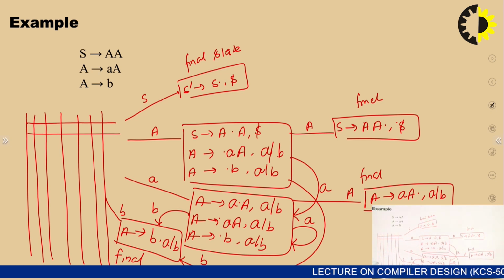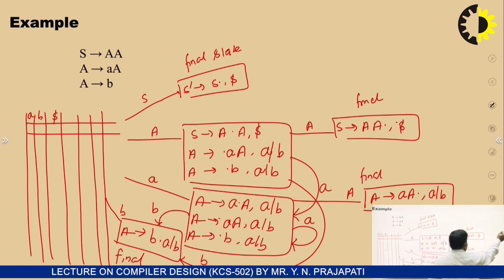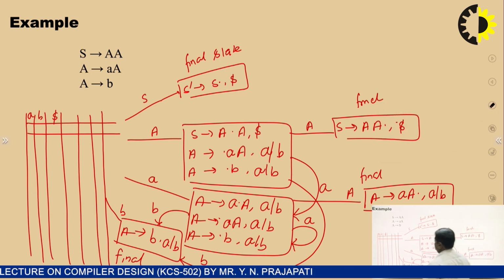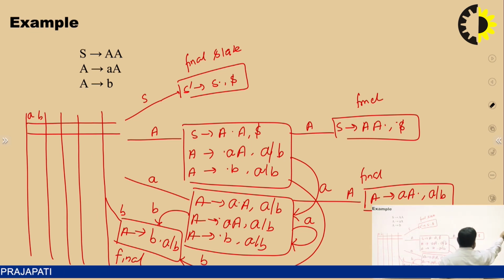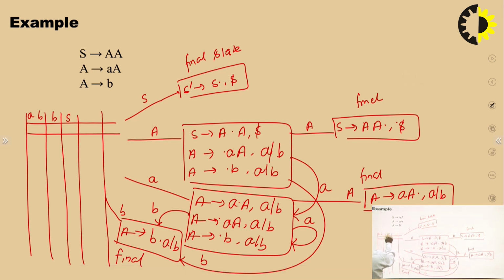My terminals are A, B, dollar, and what is the non-terminal? That is S and A.